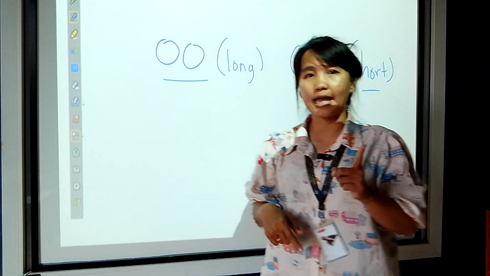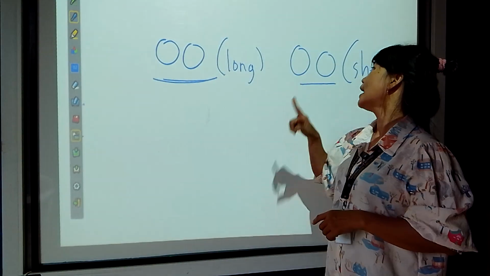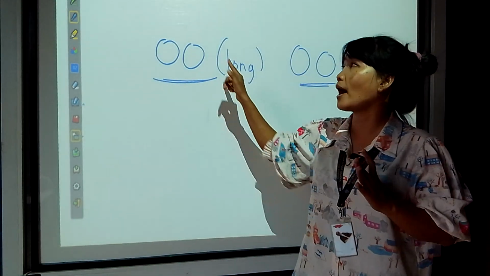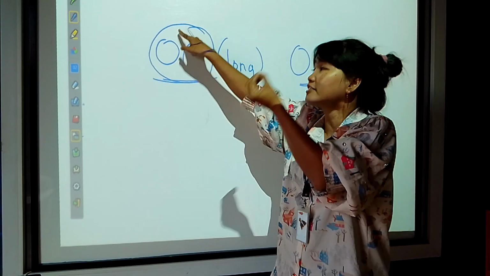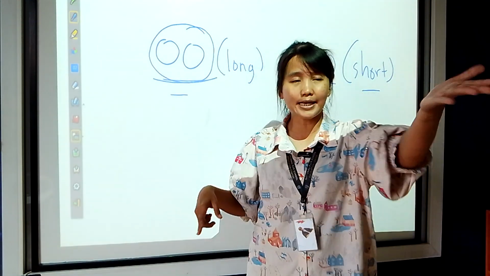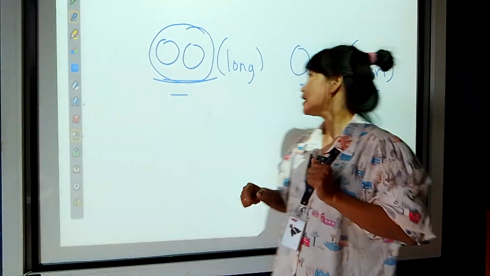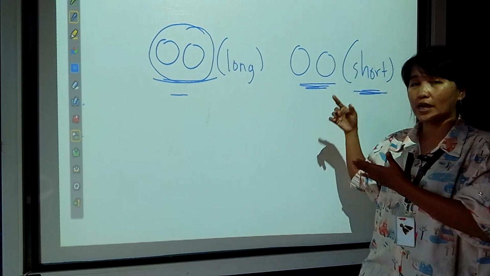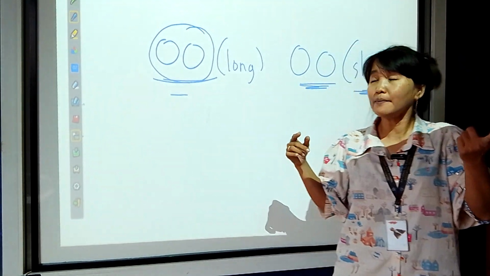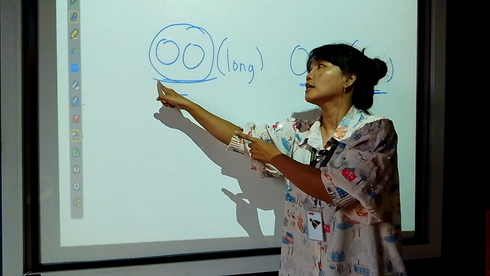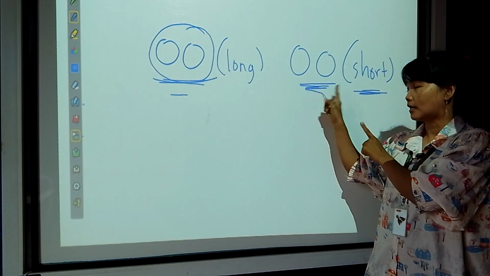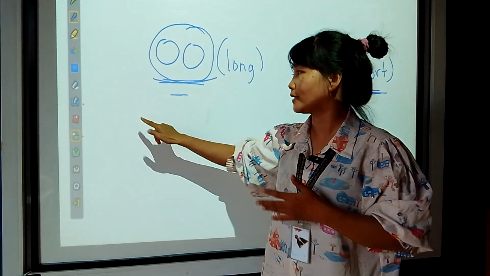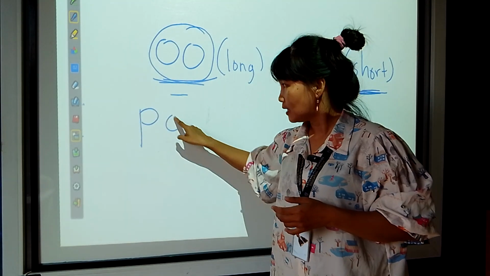So don't say this is with O and O, no. But this one, you pronounce this with oo. Say oo. Very good. For the short one, you pronounce this differently. Say one more time.